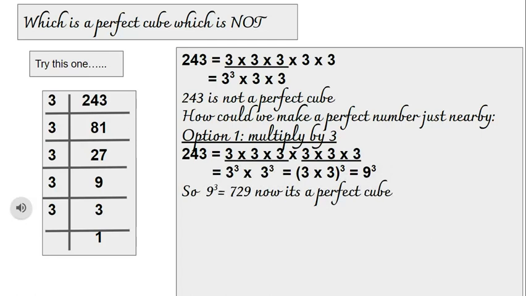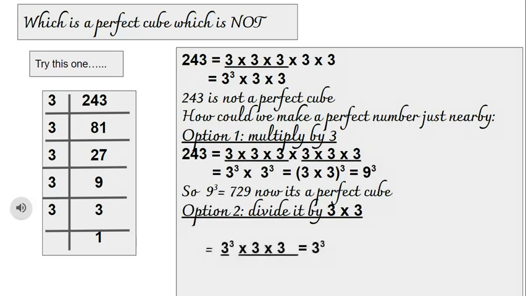There is another option, option number 2, to reach the nearest perfect cube. That is, instead of multiplying the number by 3, you divide the number by 3 into 3, because here you divide this number by 3 into 3, this extra part will vanish.